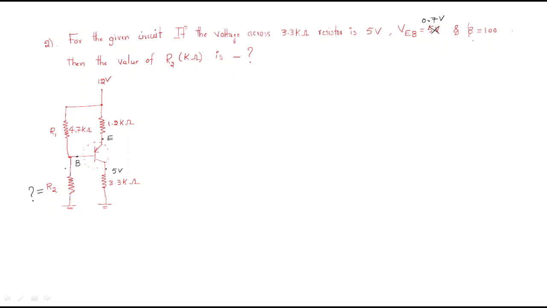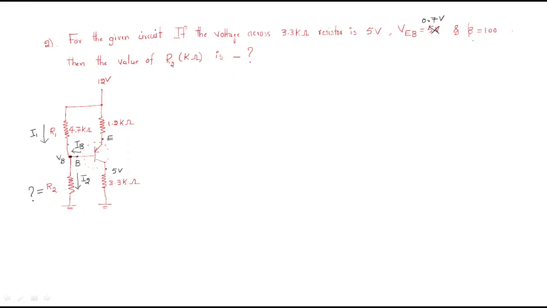We will take it as the I2 current, and this current is nothing but a combination of two currents: the current from I1 and the base current.